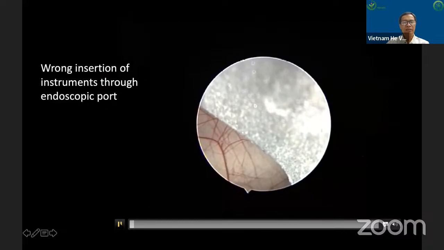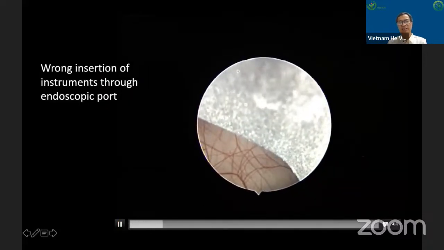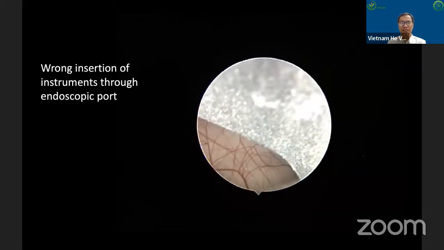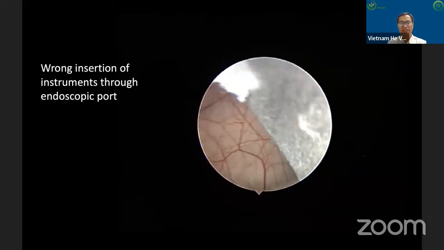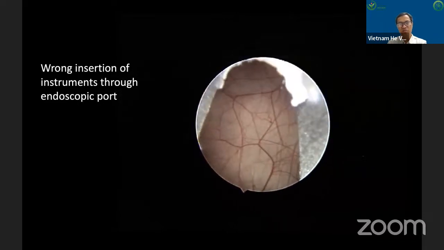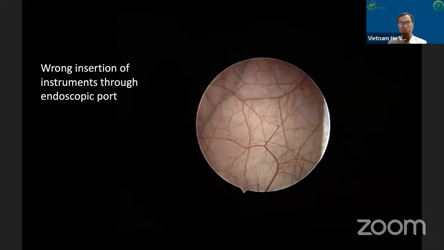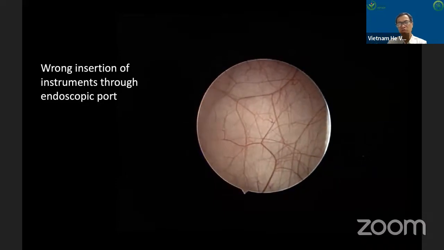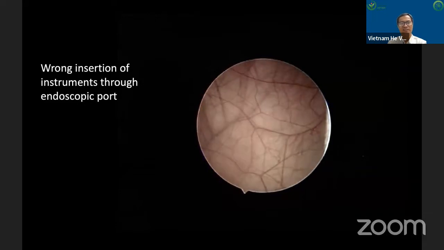And this is another case when the young doctor did the ETV and called me during surgery. When I arrived in the operating room, you can see the young doctor didn't know how to install everything with the endoscopic instruments. And that's why it's a wrong insertion.